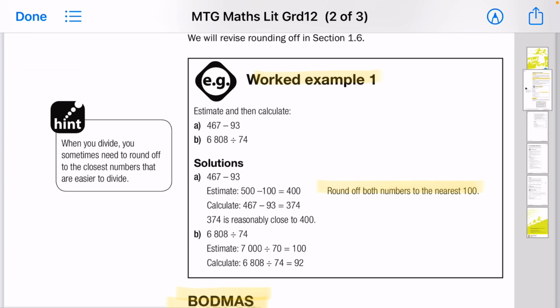Remember guys, I'm not going to read through each and every word. I'm just guiding you in terms of how to study for yourself using this textbook, or study guide, whatever you call it. I'm also going to take you through all of the examples and touch all the important parts in this study guide. Most important, this is to prepare you for when we do exam related questions. So I'm going to be solving exam question papers for Maths Lit for grade 12. As soon as I'm done with grade 12, I'm also going to lower grades.